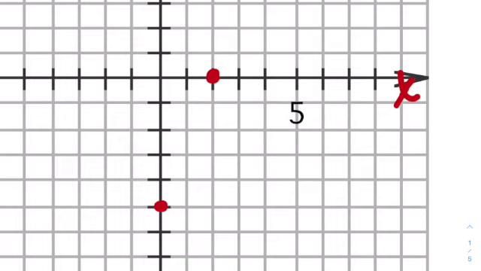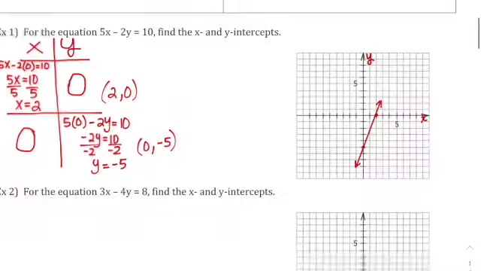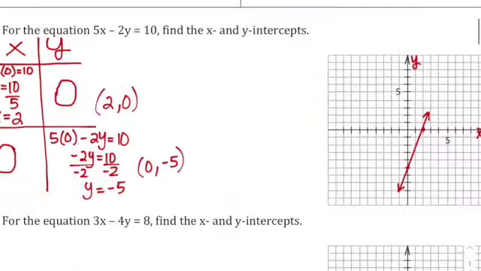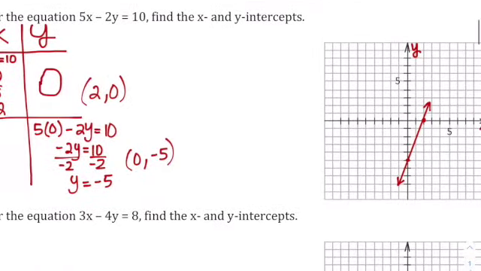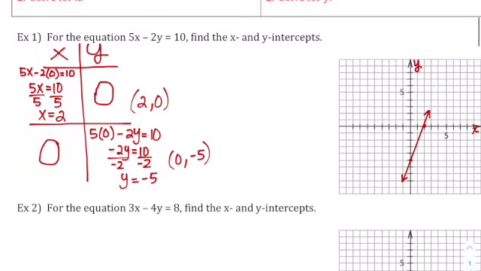When you learn from geometry, it takes 2 points to connect a line or a segment, a ray, or anything like that. Just connect them. And if you hold down long enough, it will make a straight line for you. So there, roughly. That is how you find the x-intercept and y-intercept and use those 2 points to graph a line.